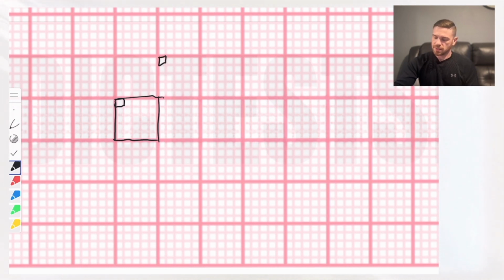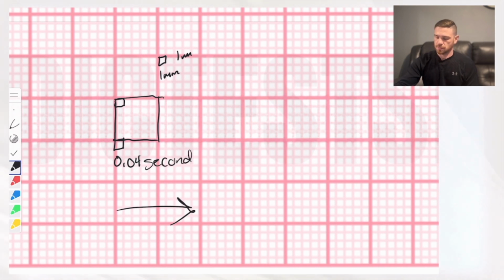A small box is measured at 1 millimeter by 1 millimeter. When we're talking about time from left to right, one small box is 0.04 seconds.